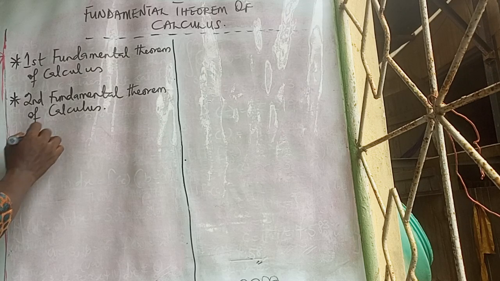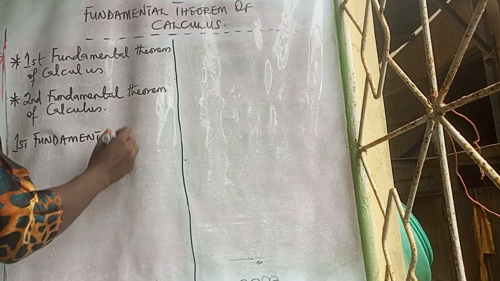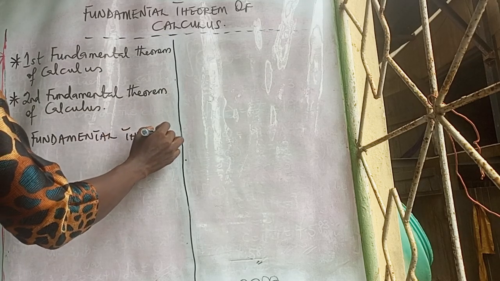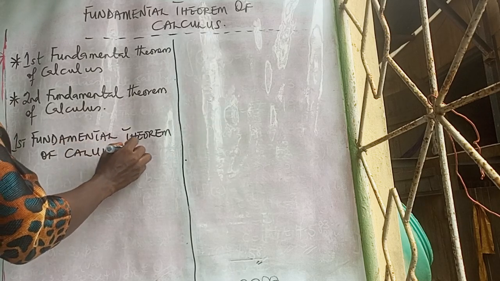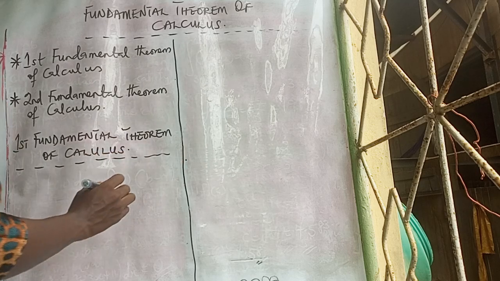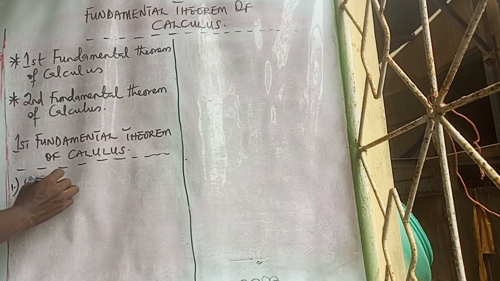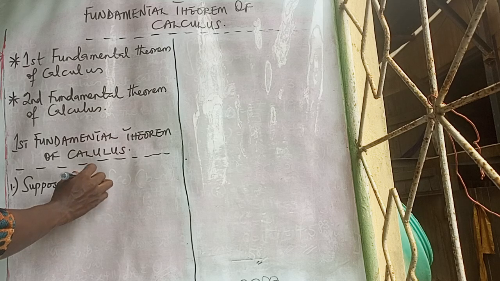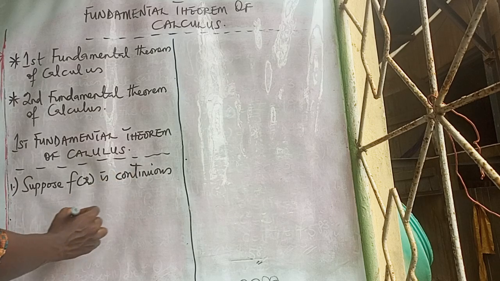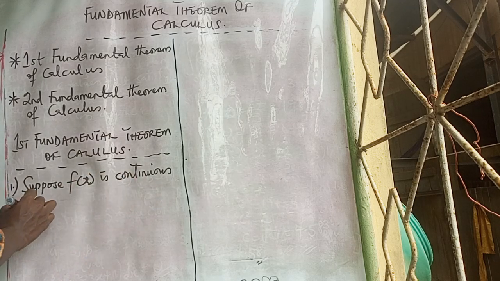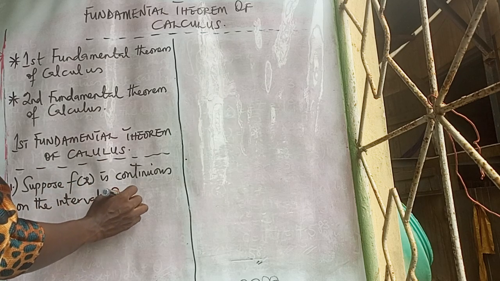The first fundamental theorem of calculus can be stated as: suppose f of x is continuous on the interval AB.